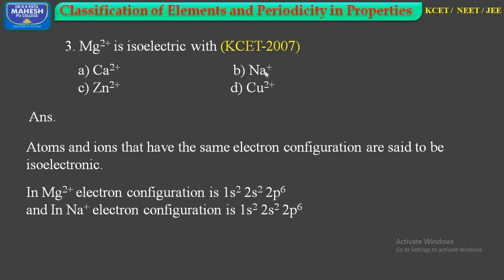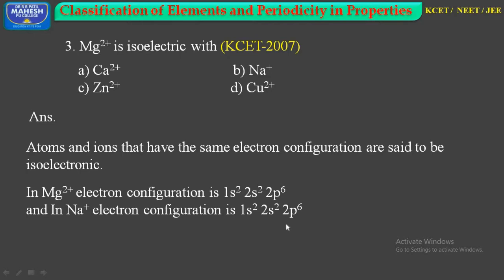Whereas in case of sodium cation, the electronic configuration is 1s2 2s2 2p6 because sodium atomic number is 11, but sodium cation with plus 1 charge means we are removing 1 electron from sodium. So the number of electrons would again be 10.